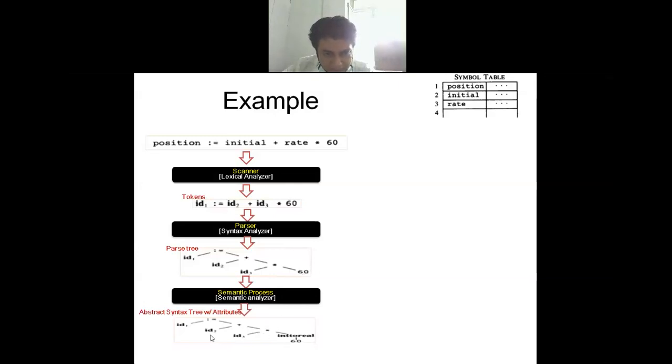Now the semantic analyzer converts this int to real, meaning int to float number. The semantic analyzer deals with the language construct, or the type compatibility feature of the language.